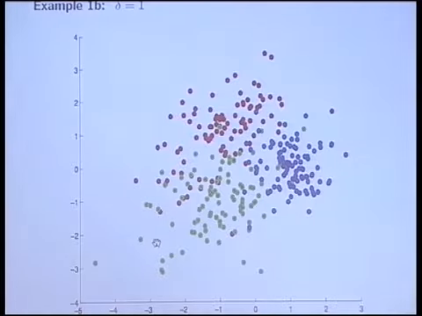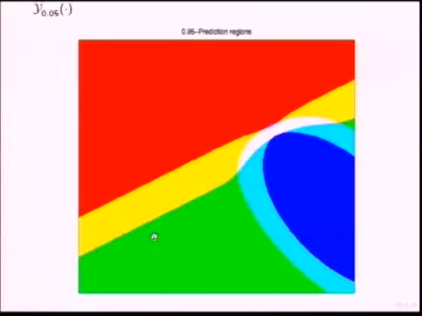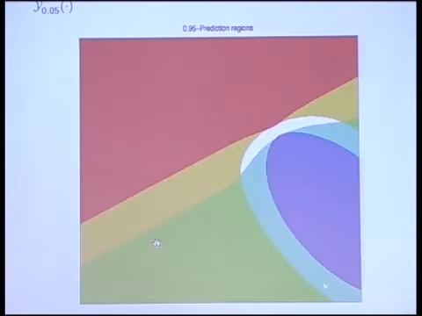Now here's the same situation, but with the centers of the distribution less far apart. And so the p-value functions look still similar, but now the prediction regions change. So now you have a region here where you say it's class 2 or 3, here again, and here it's almost invisible.